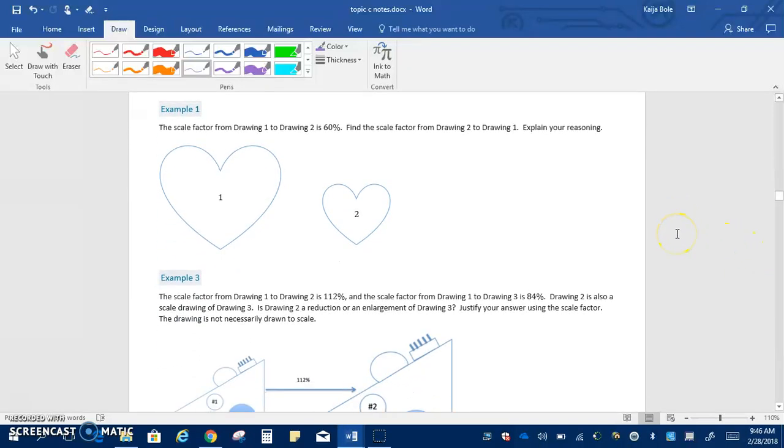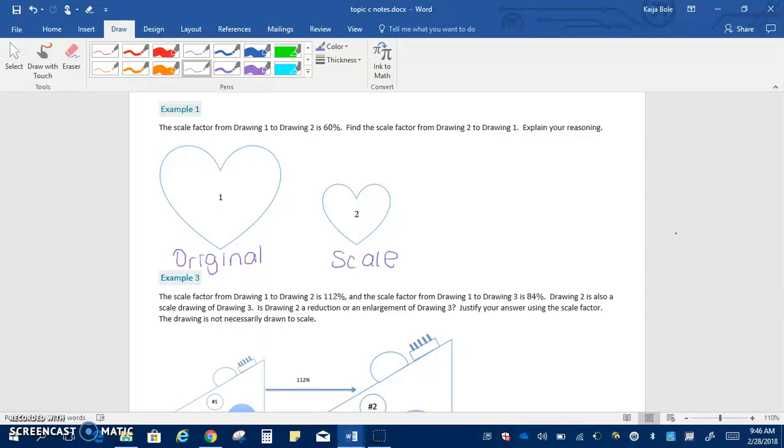Example 1 here says the scale factor from drawing 1 to drawing 2 is 60%. Find the scale factor from drawing 2 to drawing 1. So what they gave us originally means drawing 1 is our original, and drawing 2 is our scale.